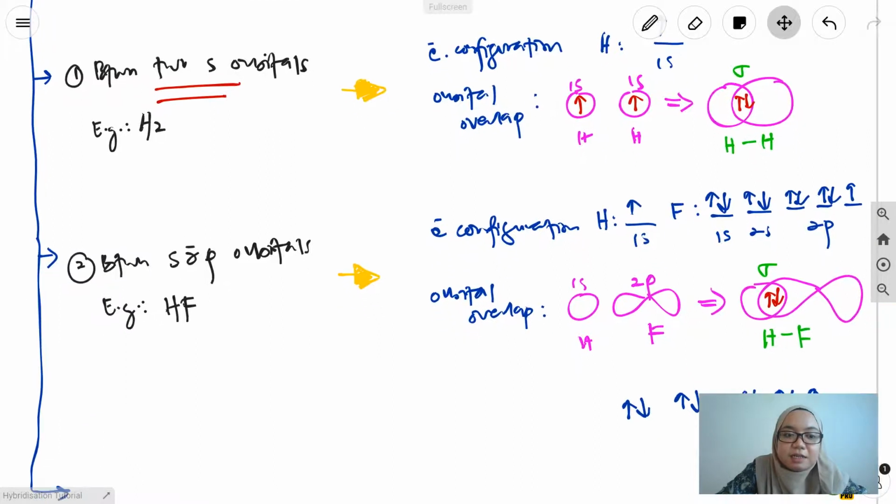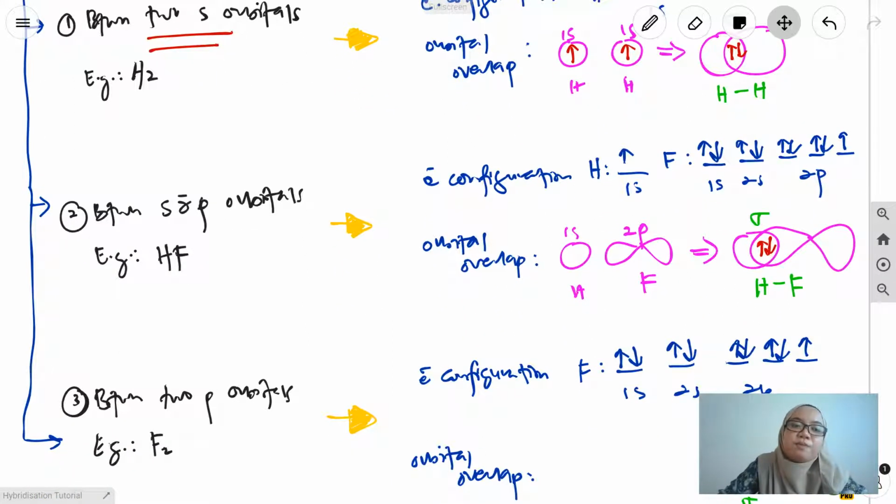Alright. Next, the second way to form the sigma bond is between s and p orbitals. Okay, so the end of the 2p orbital will overlap with one s orbital. So for example, HF molecule. So first we need to state the orbital diagram for hydrogen and fluorine.